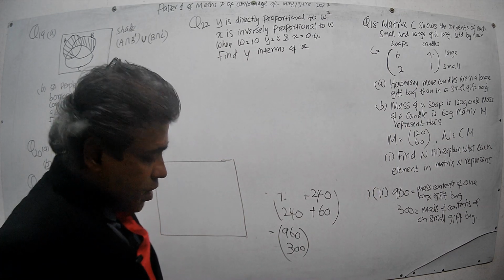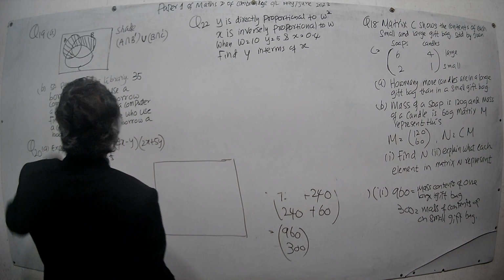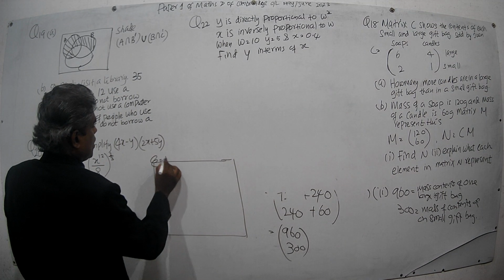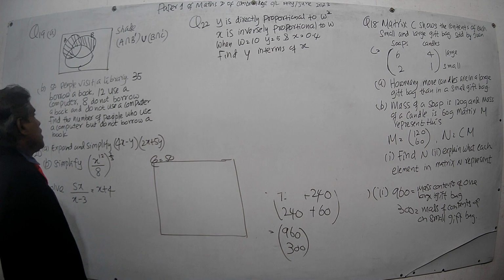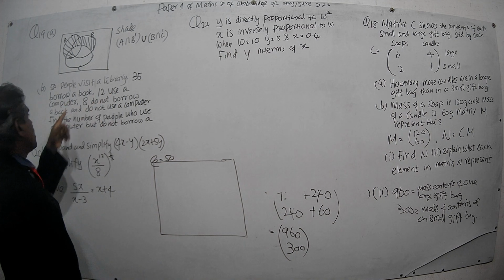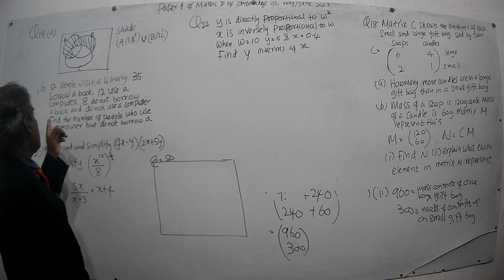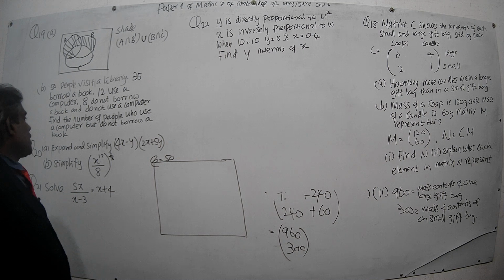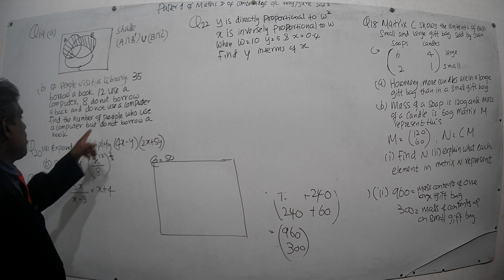Right. Now, they say 50 people. This is a library. 35 borrow a book, 12 use a computer. 8 do not borrow a book and do not use a computer. Find the number of people who use a computer but do not borrow a book.